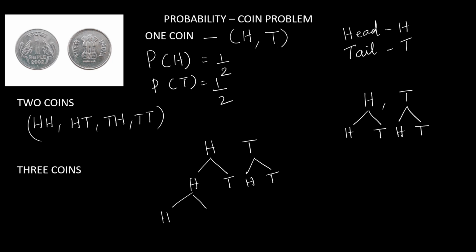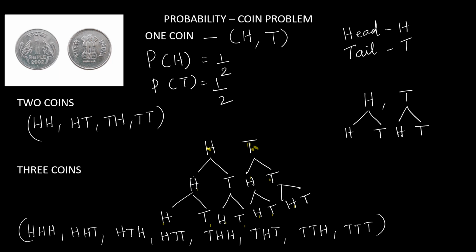In the same way, when it is tail, you will get H, T. Now write: HHH, HHT, HTH, HTT, THH, THT, TTH, TTT. Right? Totally we'll get 8 outcomes. Okay, so we'll go to the next one.